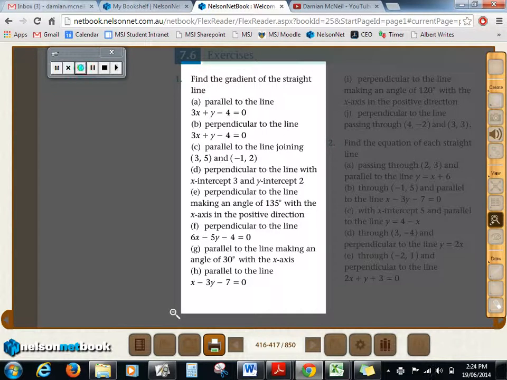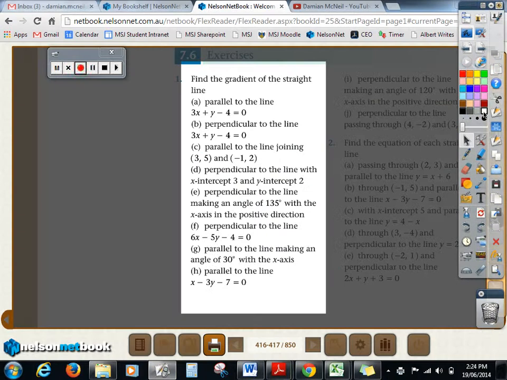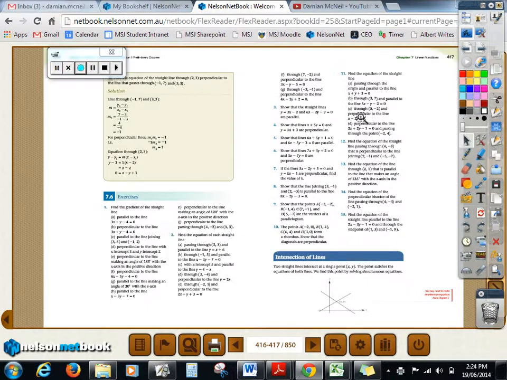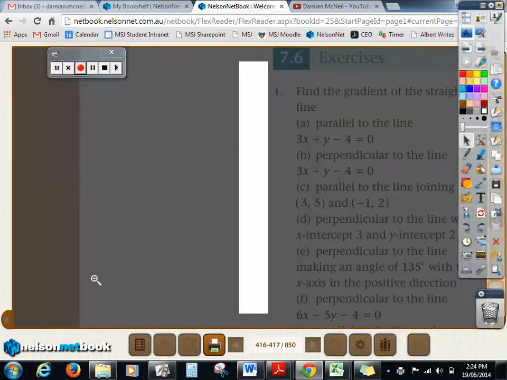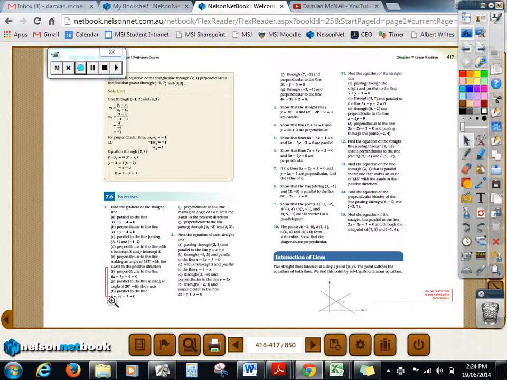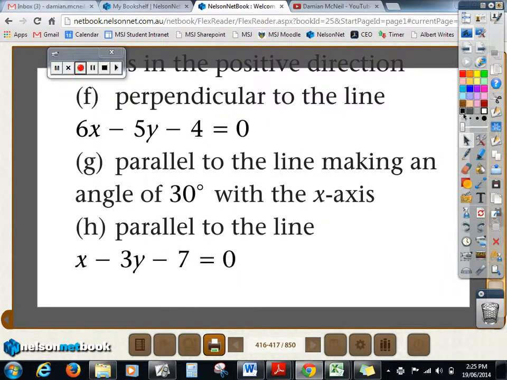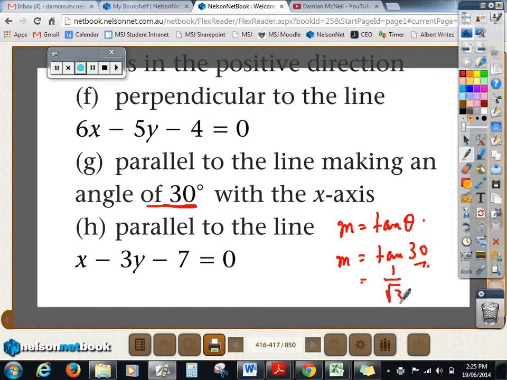Don't forget, and I'll keep on reminding you of this, where you have angles, the gradient m is equal to tan theta. So here, with an angle of 30 degrees, that means that the gradient would equal tan 30. This is an exact value, so it's 1 on root 3. So don't forget that when you're doing that.